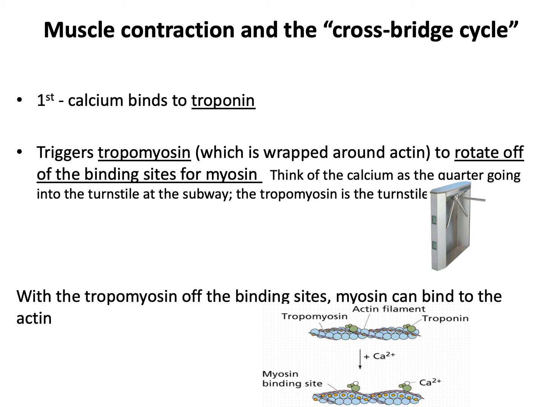So, first the calcium binds to the troponin. When stuff binds to stuff, they change shape. So the tropomyosin moves off of the binding sites on the actin so that myosin can now grab a hold of the actin and pull on the actin towards the middle.